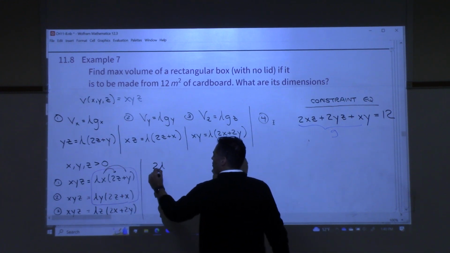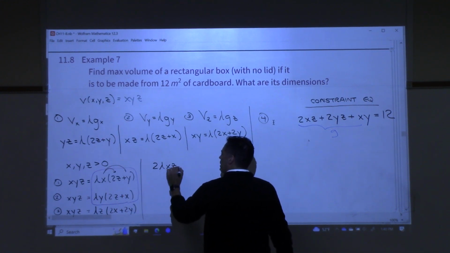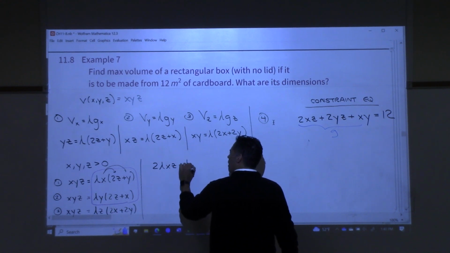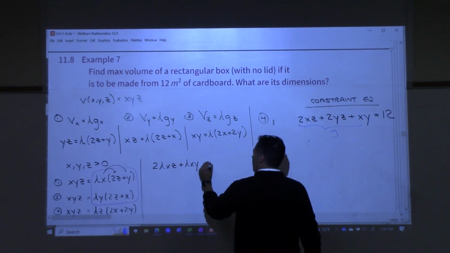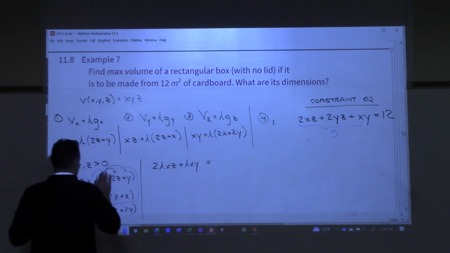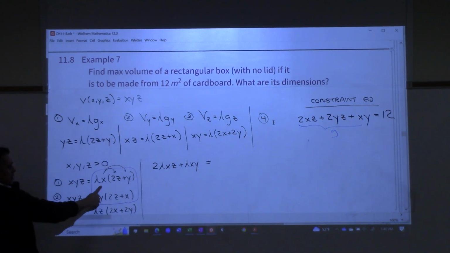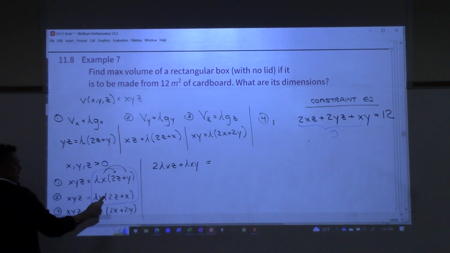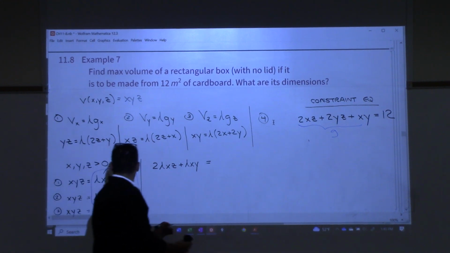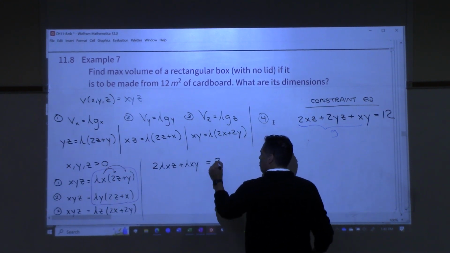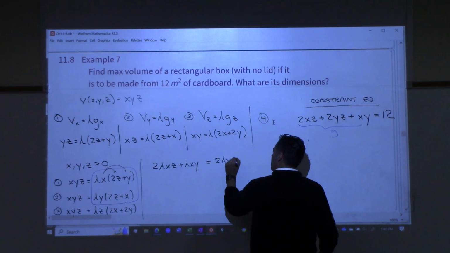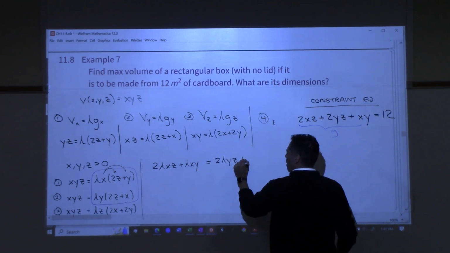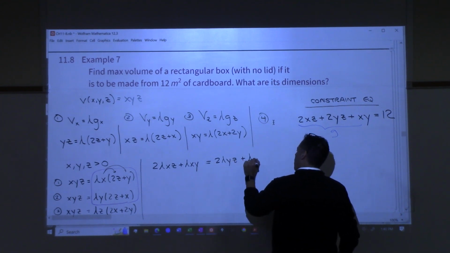So we get 2 lambda xz plus lambda xy must equal, right? All I did there was distribute it through. Let me double check. Yeah, okay, and then I distribute through here. So that equals 2 lambda yz plus lambda xy.